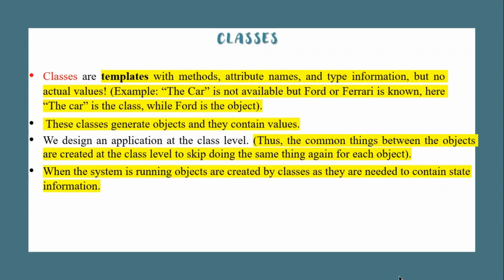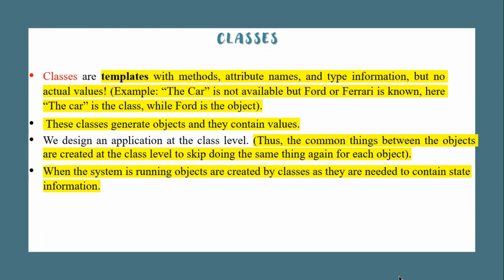Now, classes. What are the classes? Classes are templates with methods, attribute names, and type information, but no actual values. Let me make it easier. As we said, we are using objects to represent the entities in the real world. What about the classes, and how do they help me in this mission?